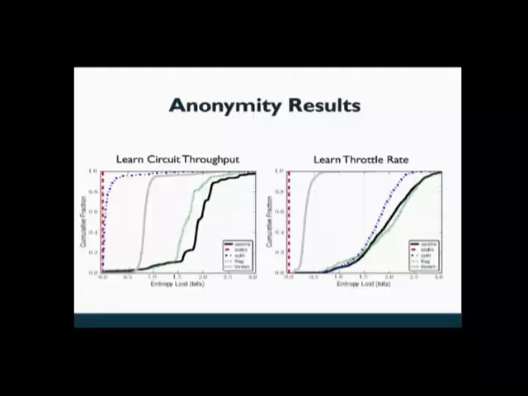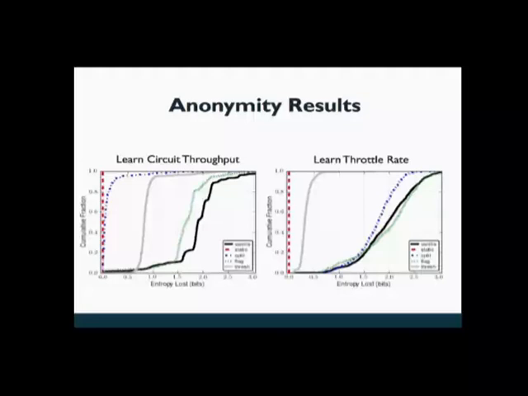If he can learn that throttle rate, then he can reduce his uncertainty about a given connection. The information that he loses from this is shown on the graph on the right. We also compare this to vanilla Tor, because you can do the same type of attack on the real Tor network without throttling.